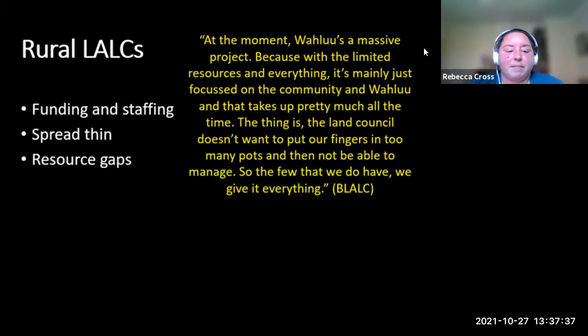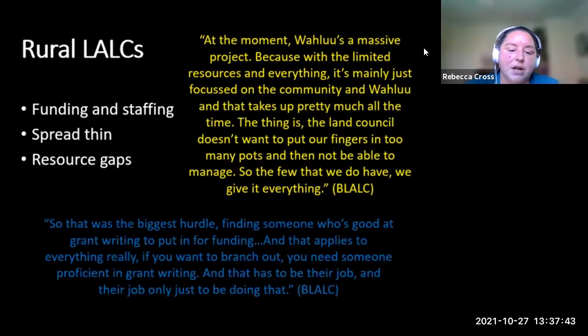There are also, as I mentioned, resource gaps, and a quote here again from Bathurst Local Aboriginal Land Council. "So that was the biggest hurdle, finding someone who's good at grant writing to put in for funding, and that applies to everything really. If you want to branch out, you need someone proficient in grant writing, and that has to be their job and their only job." So there's a lack of key positions, a lack of understanding of the funding opportunities and pathways, and the capacity to have someone in that position to actually find the funding opportunities and pathways and then to pursue them.